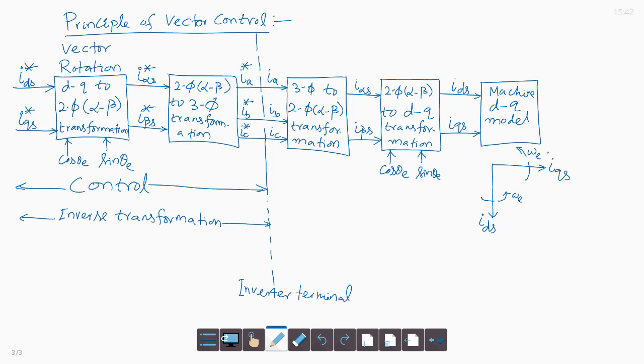And this is the machine terminal. This part is the transformation occurring within the machine, for modeling the motor in this frame so that we can control it in the vector control way.